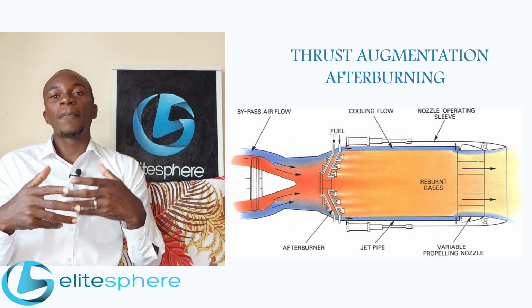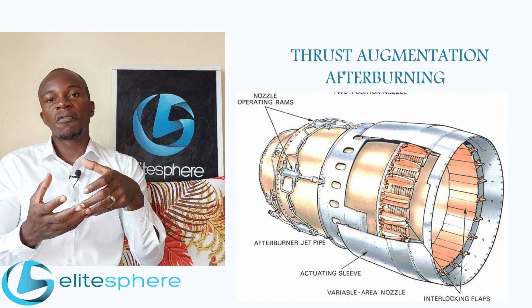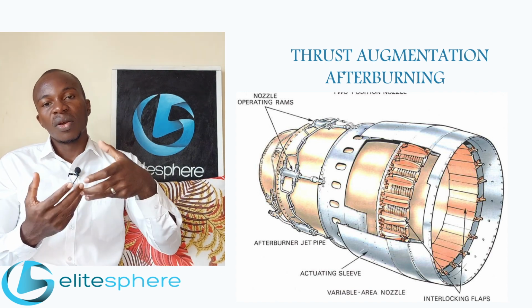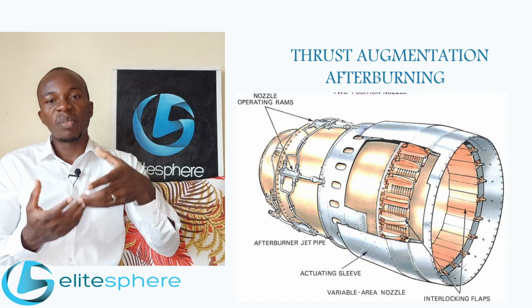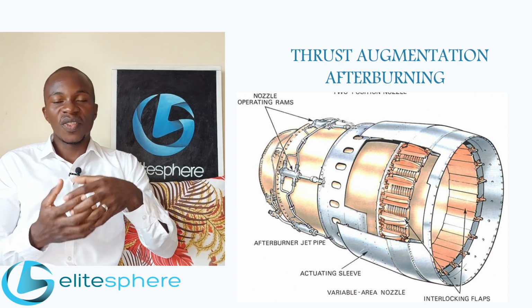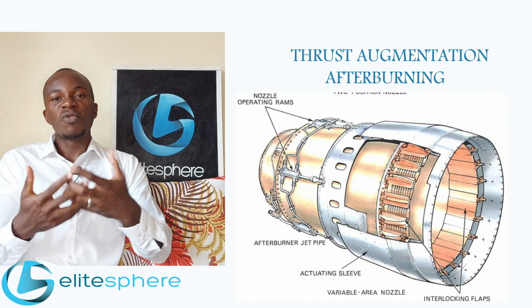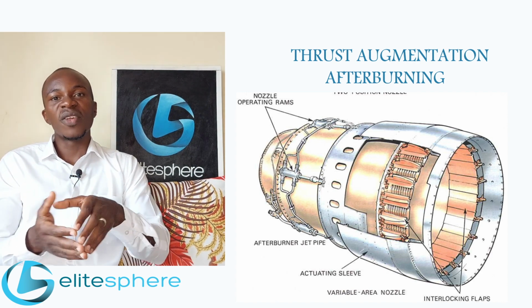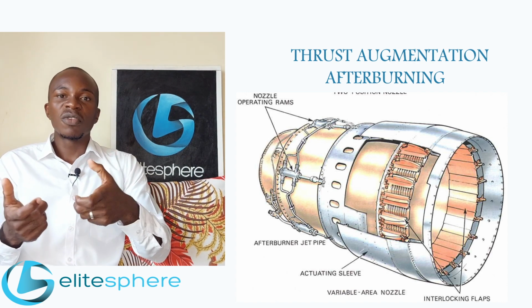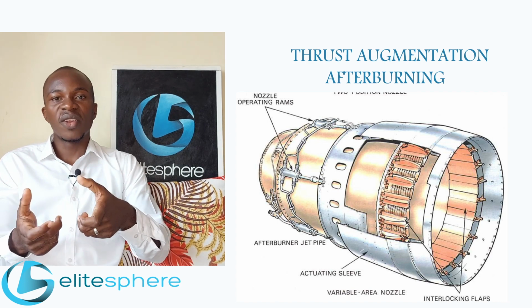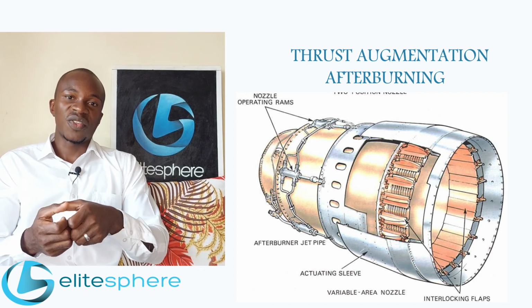The nozzle area of the exhaust of an engine that has an afterburner varies depending on the fuel flow of the engine. When the fuel flow is increased, the nozzle area is increased as well. When the fuel flow is reduced, the nozzle area also reduces.